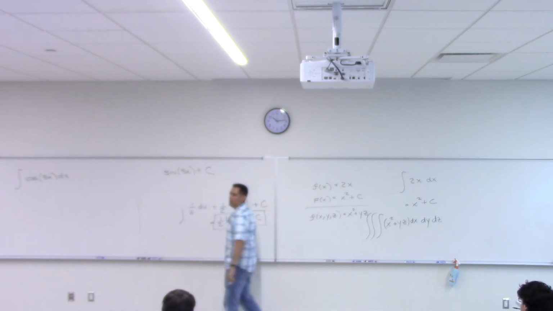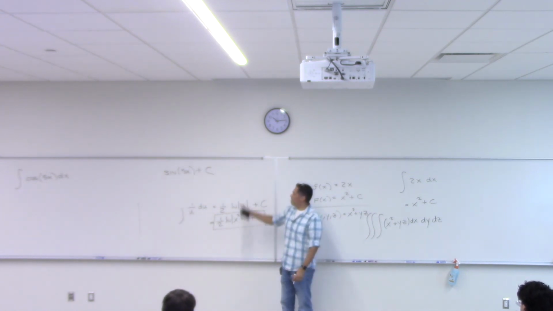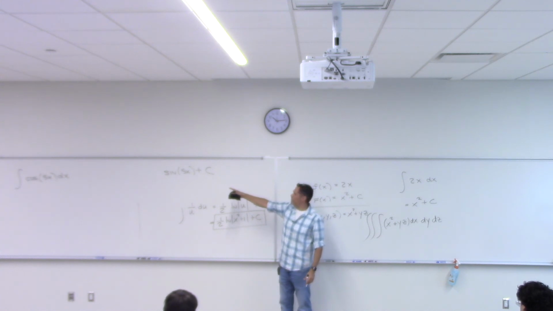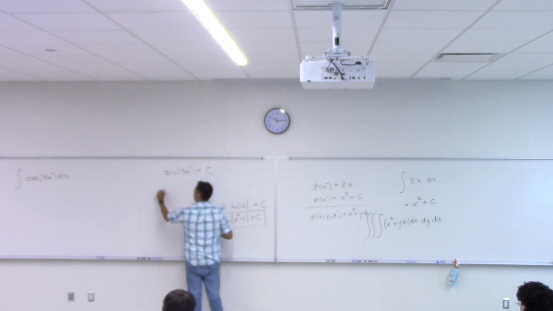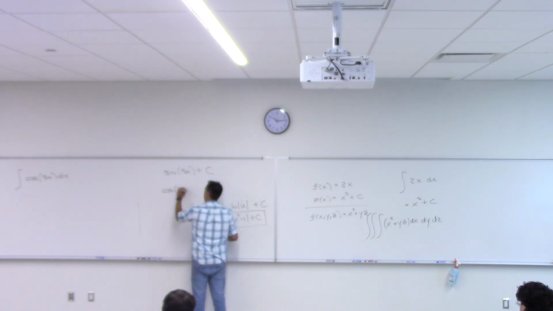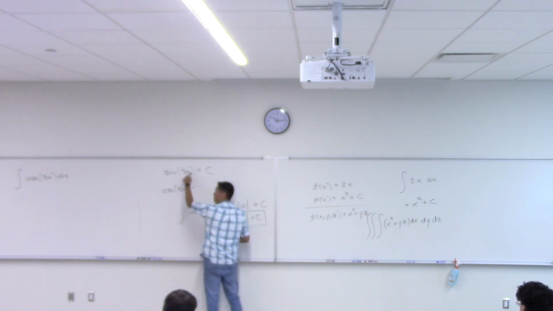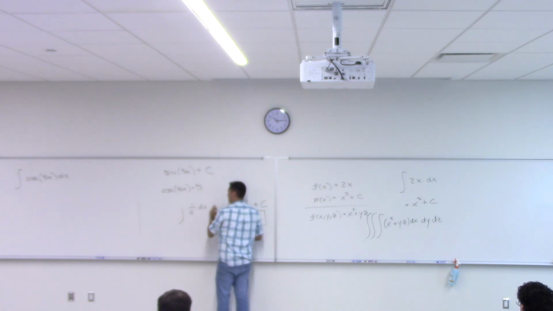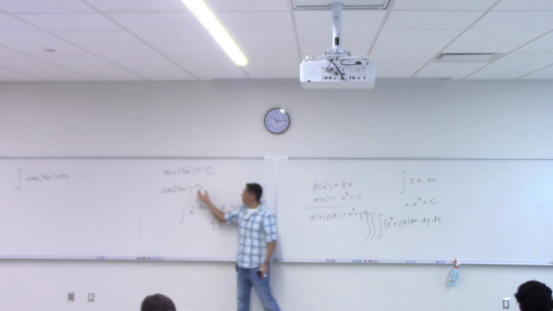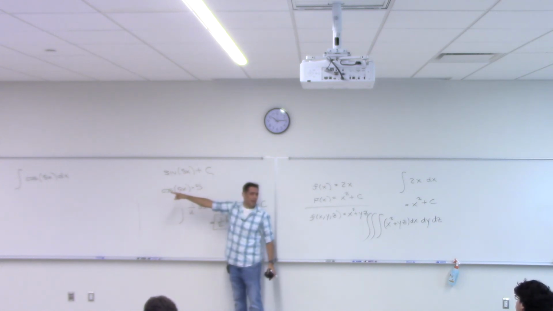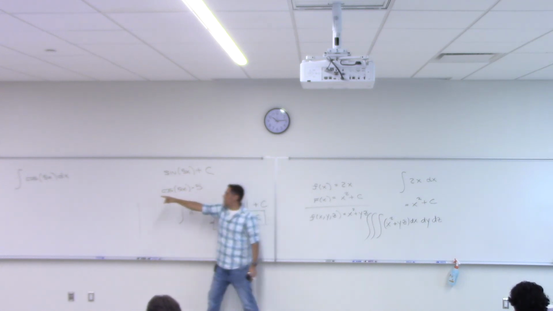Well, check your answer, take the derivative. What's the derivative of sine of something? Cosine of 5x, times, now you have to take the derivative of what's inside, which is 5, and then plus the derivative of a constant is 0. So this is 5 times cosine 5x. That's not what that is over there, right? This doesn't have that 5, does it?